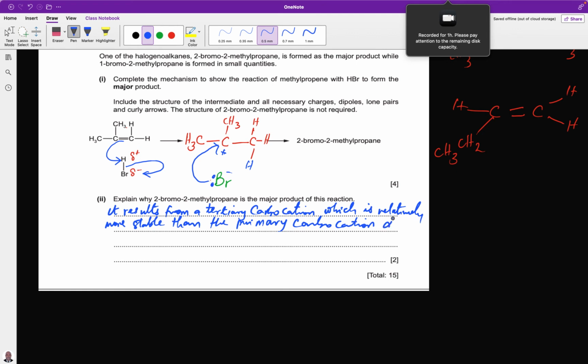Due to what? Due to the electron donating effect.